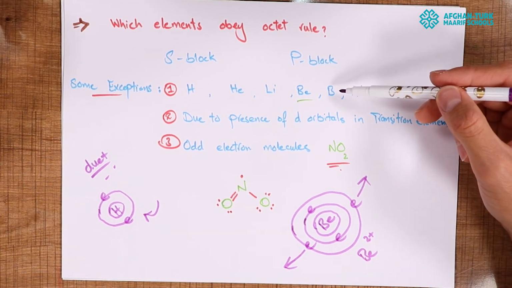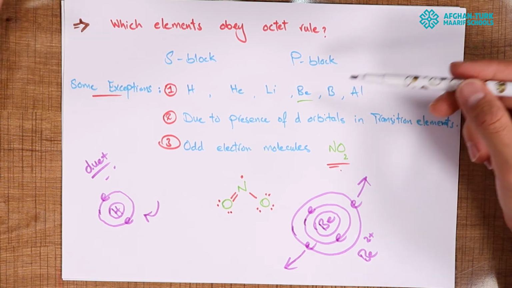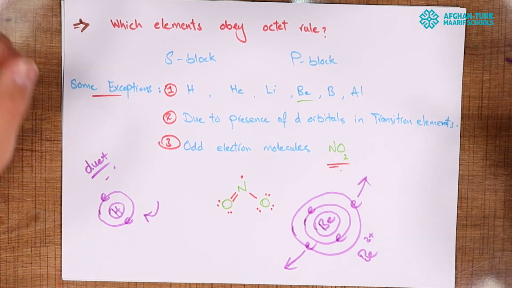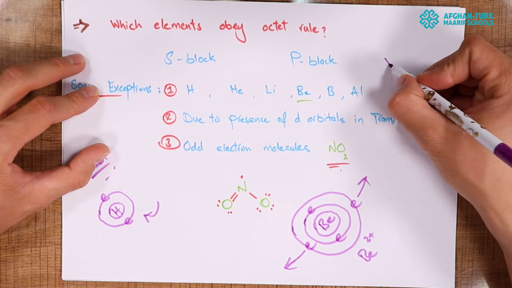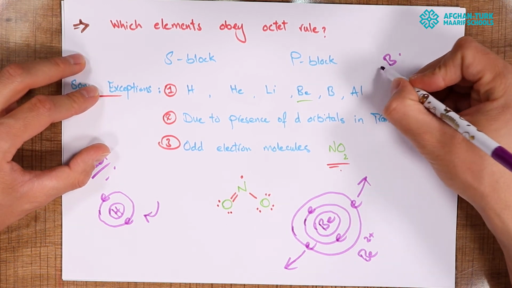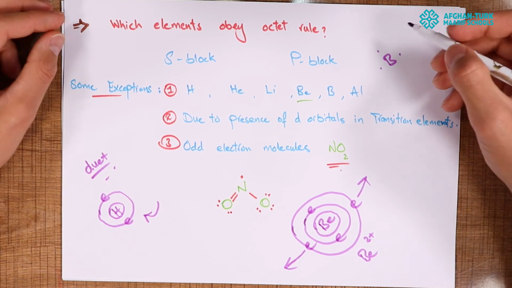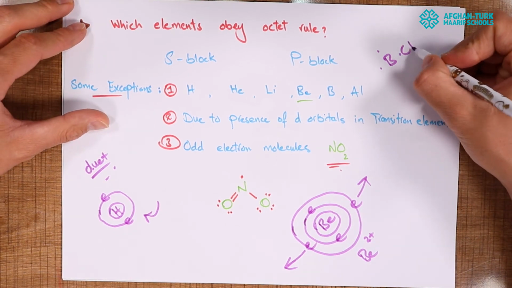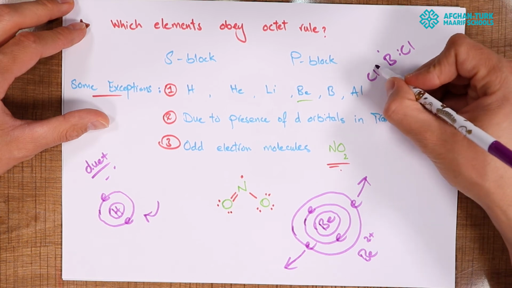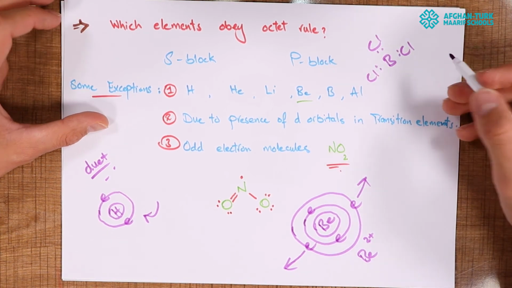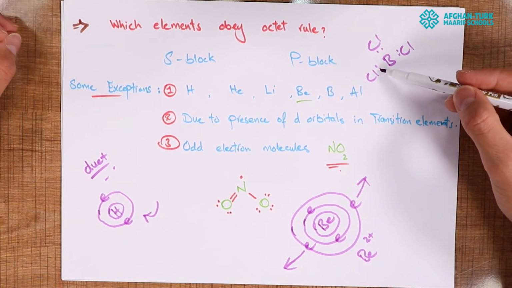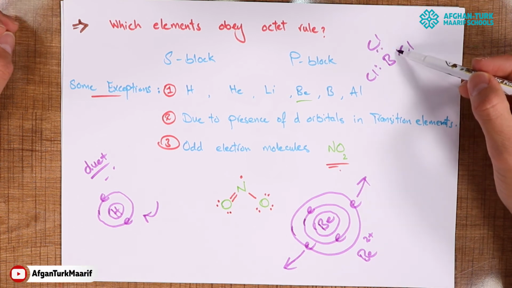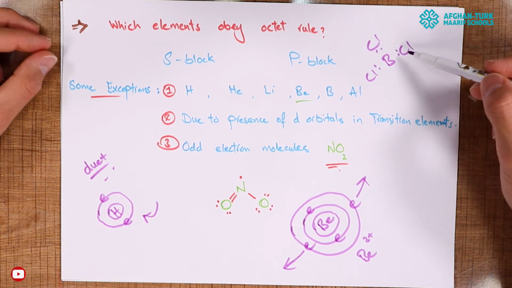What about boron? Boron mostly doesn't, because it has 3 electrons in its outermost shell. Let's see that. If boron has 3 electrons in its outermost shell, and if it reacts, for example, if it forms boron fluoride or boron chloride, it shares electrons with the chlorine atoms, and you can see that there are still only 6 electrons in the 3 bonding pairs.